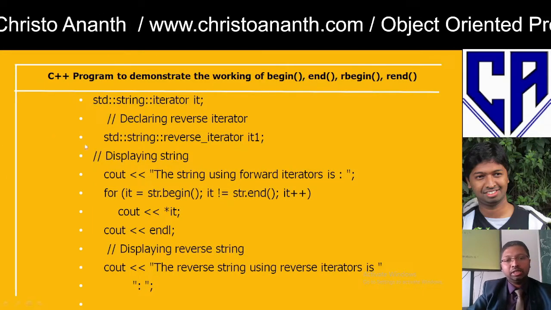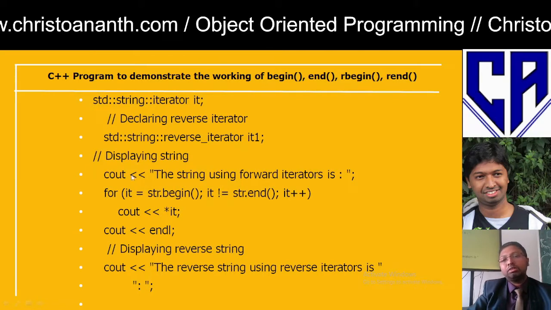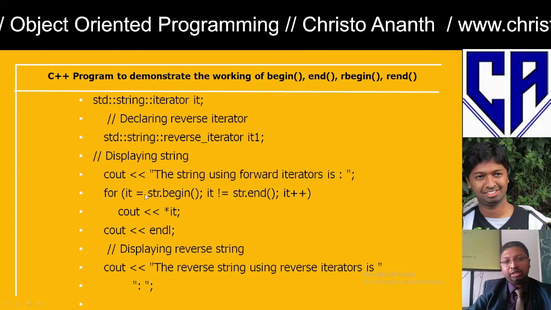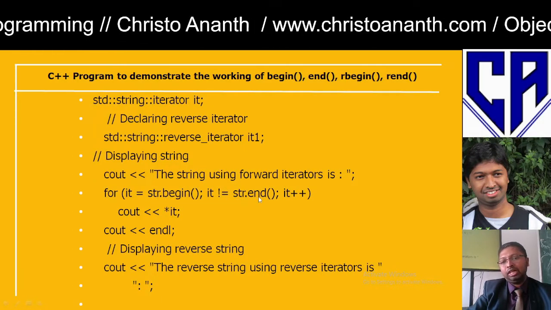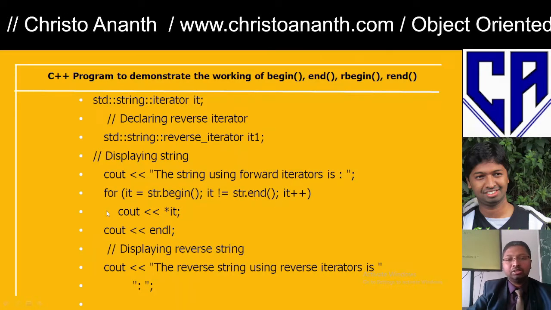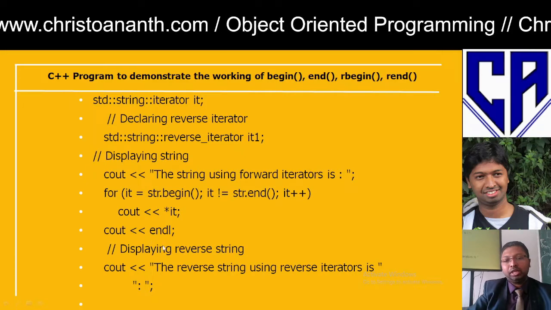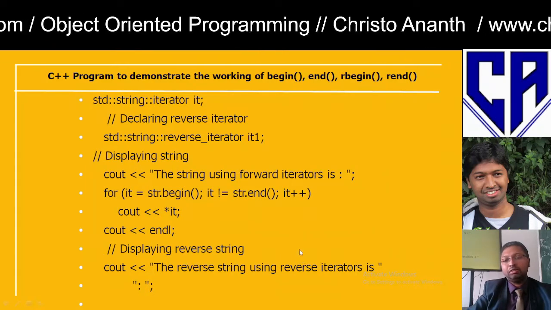Here you print out the string using forward iterators. You use a for loop: for iterator it equal to str.begin(), it not equal to str.end(), it plus plus, and cout you print the iterator it. Then you display the reverse string, using reverse iterators.